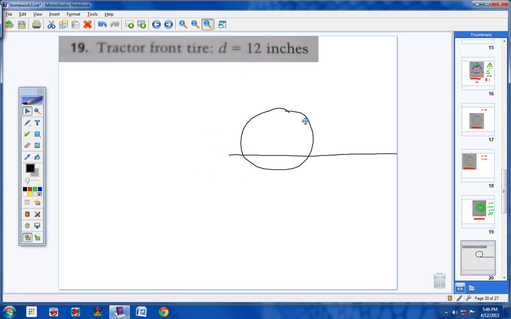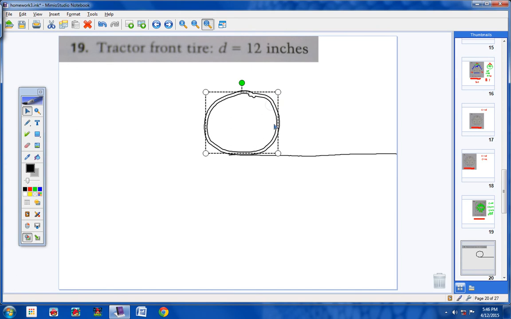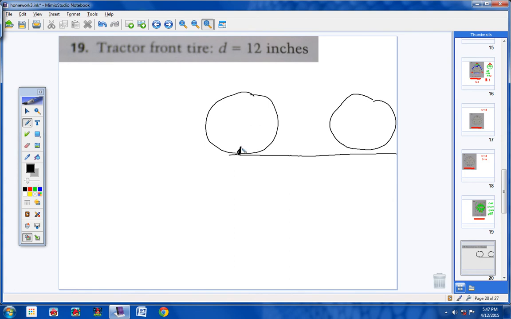But as this tire turns, imagine you took a piece of chalk and put a little mark on your tire right there, and then rolled the car forward so that the tire turned one revolution. So this mark, this circle moved all the way to here. And when it stopped, this mark right here was back down at the bottom again like this.